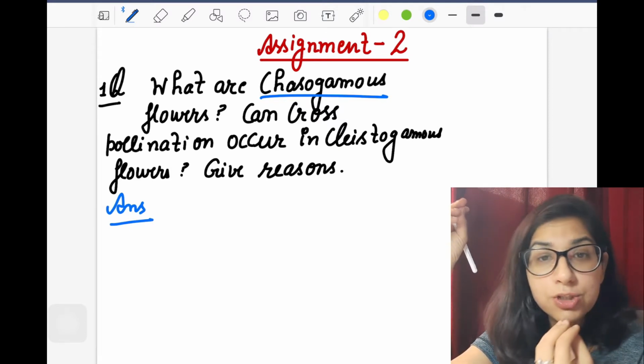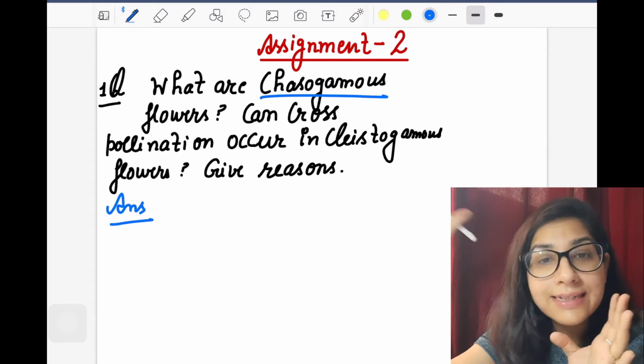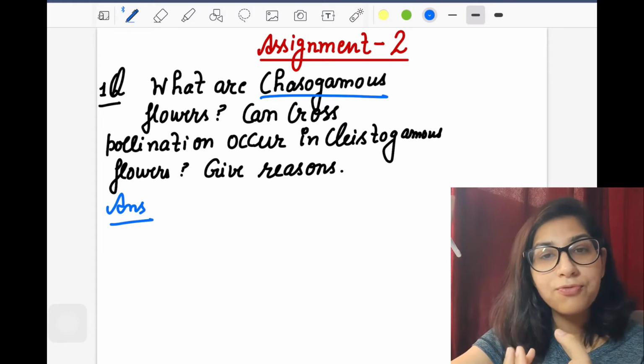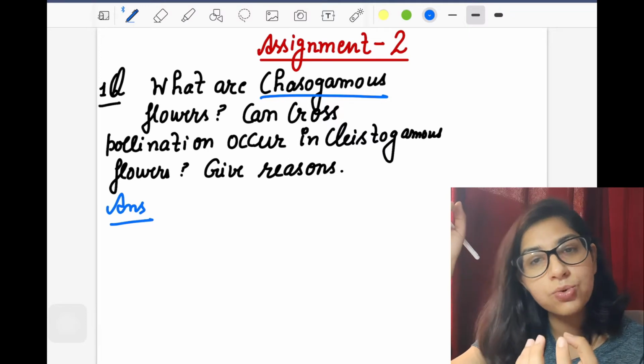They are exposed, not hidden anywhere. These types of flowers are known as Chasmogamous flowers.